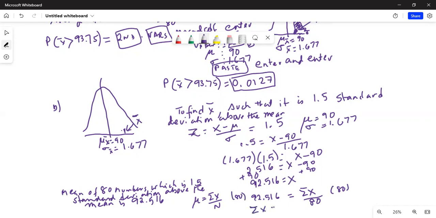This is the sum of the 80 numbers, which we are interested to find out in part B. And that is equal to 80 times 92.516, which is 7,401.28. So this is the answer to part B of this problem.